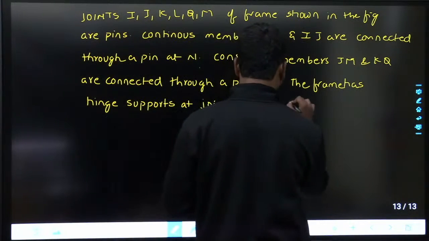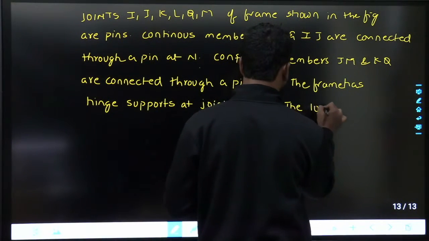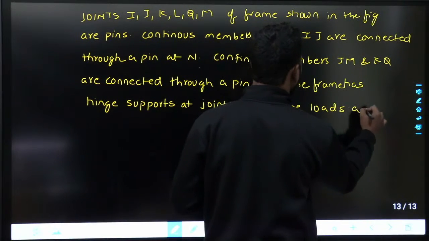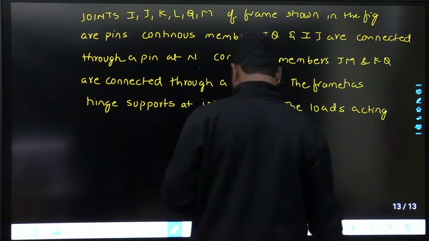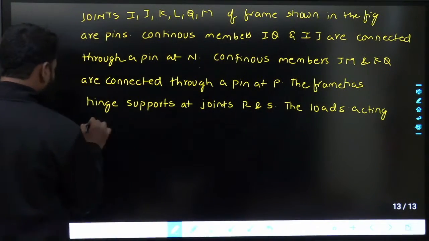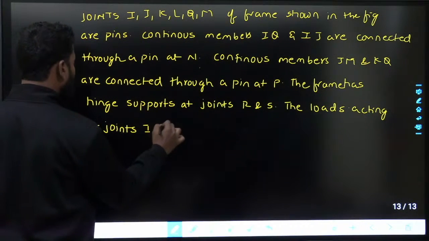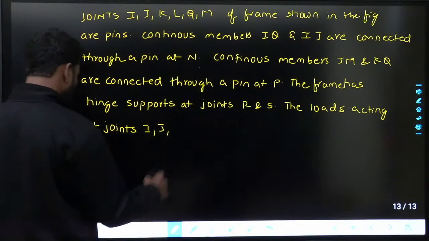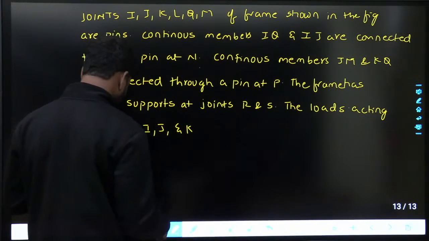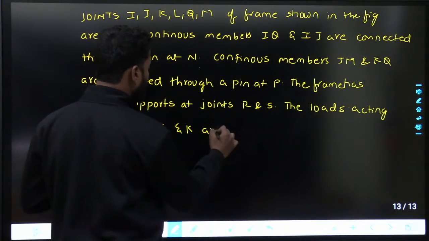The loads acting at joints I, J and K are along negative y direction.